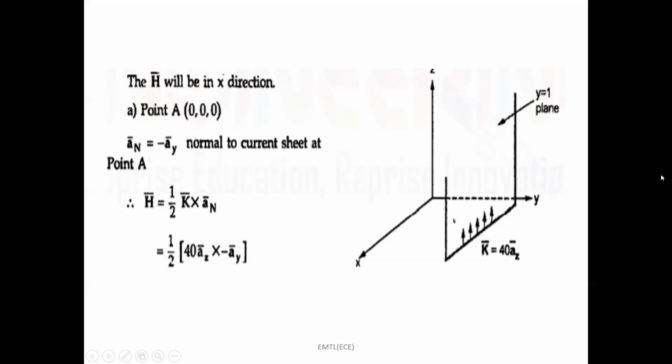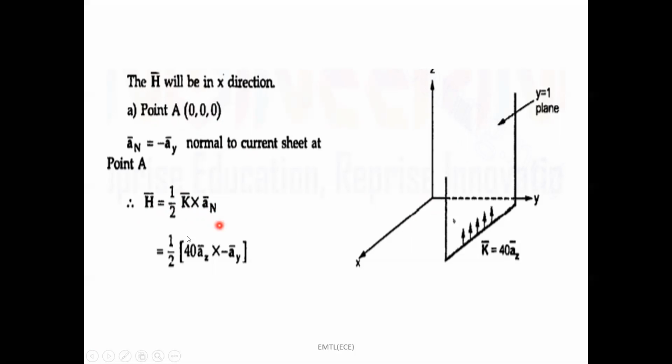Now the magnetic field intensity at point A (0, 0, 0) is expressed as, it looks like an application of Ampere's law, that is a determination of magnetic field intensity for an infinite sheet of current. That is expressed as H bar is equal to 1 by 2 K bar cross AN bar.